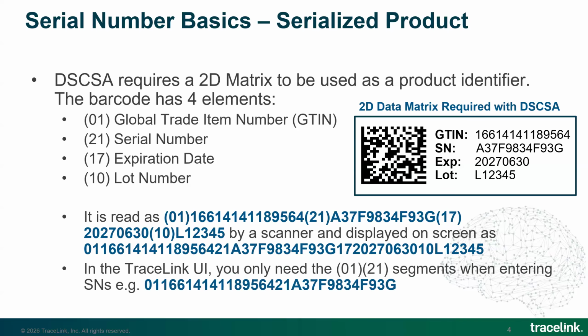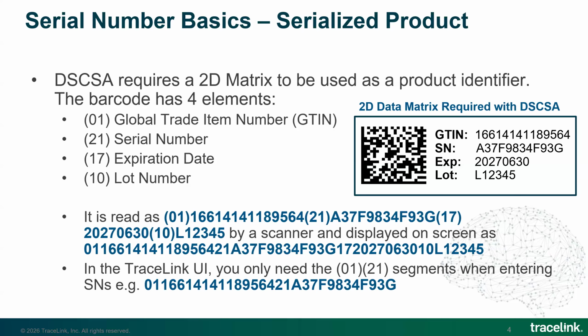The other thing I want to mention is that when you are entering this data into Serialized Operations Manager, you don't need to enter all 4 segments and include those parentheses. Really, you can just do the 01 followed by the GTIN.